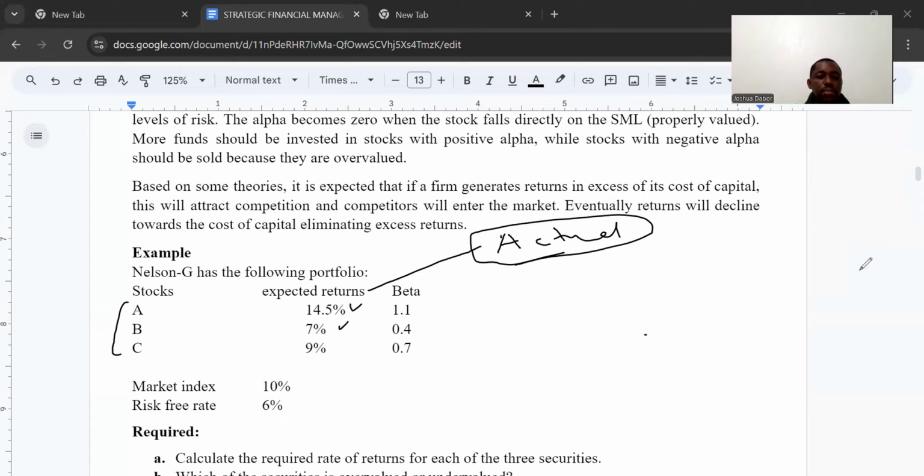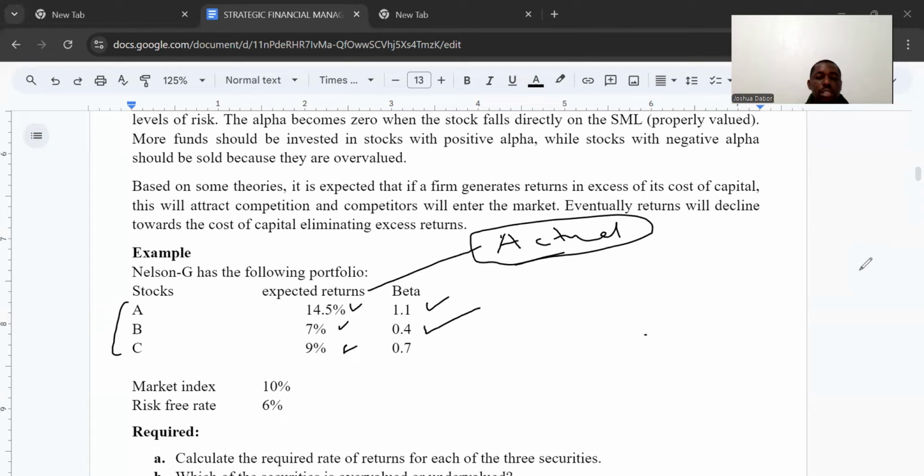14.5%, 7 and 9%. So look at the beta factor, the one with the higher expected return, the beta is 1.1. The one with 7% return, the beta is less, which means that it's less risky.